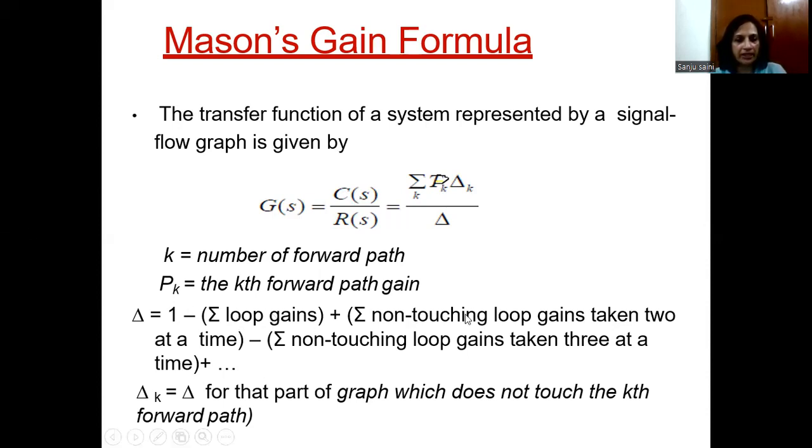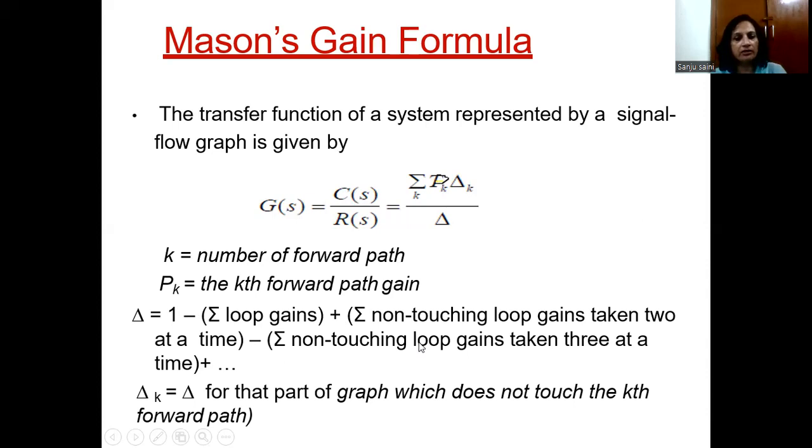Then we'll identify how many loops we can identify and how many pairs we can generate of two non-touching loops. Then we'll just take up the sum of the product of the loop gains of two non-touching loops. Then minus, then plus, then again minus.